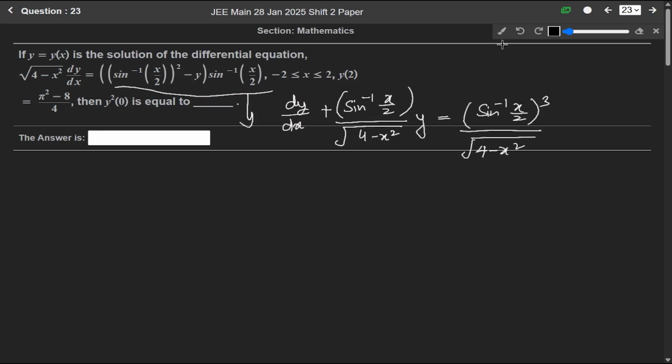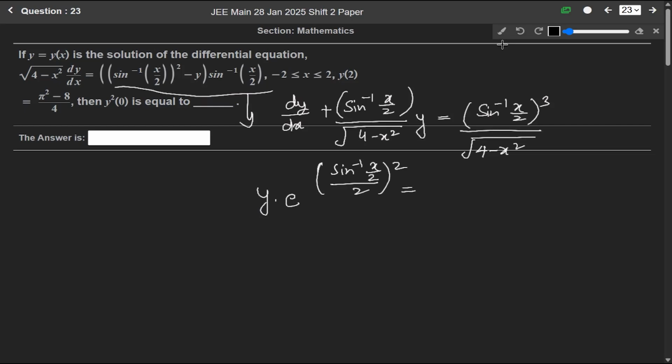Okay. So now the solution of this equation will be y into the integrating factor, and this will be e to the power (sin⁻¹(x/2))²/2.